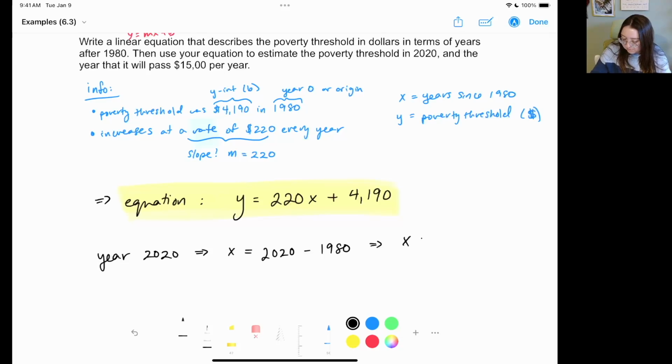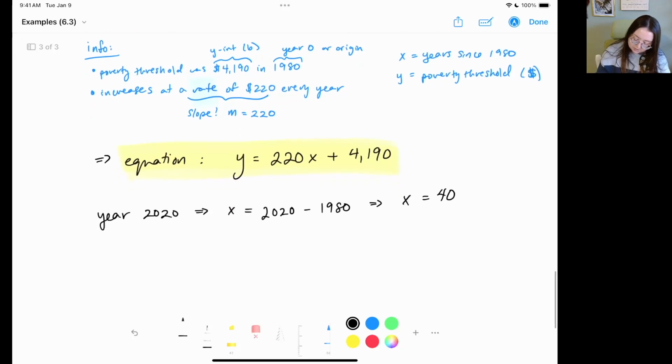And 2020 minus 1980 is equal to 40. So 2020 has been 40 years since 1980, which means that we use X equal to 40 in our equation. So we'll have Y is equal to 220 times 40, plus 4,190.